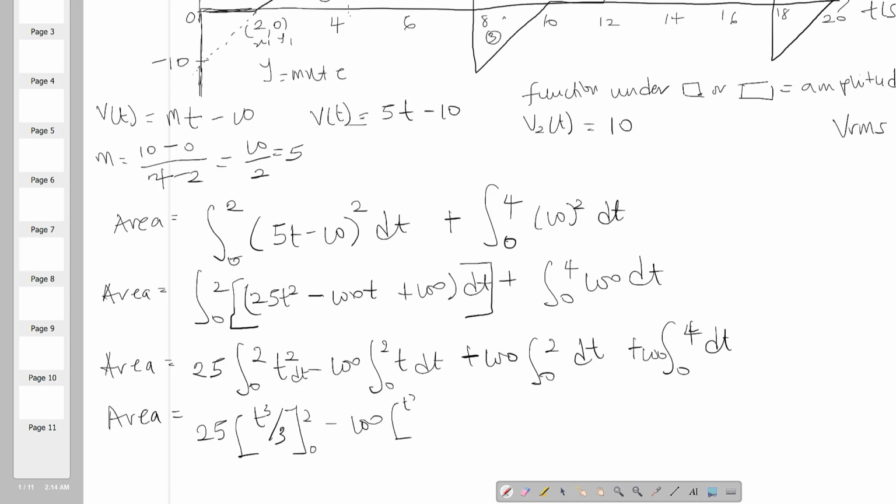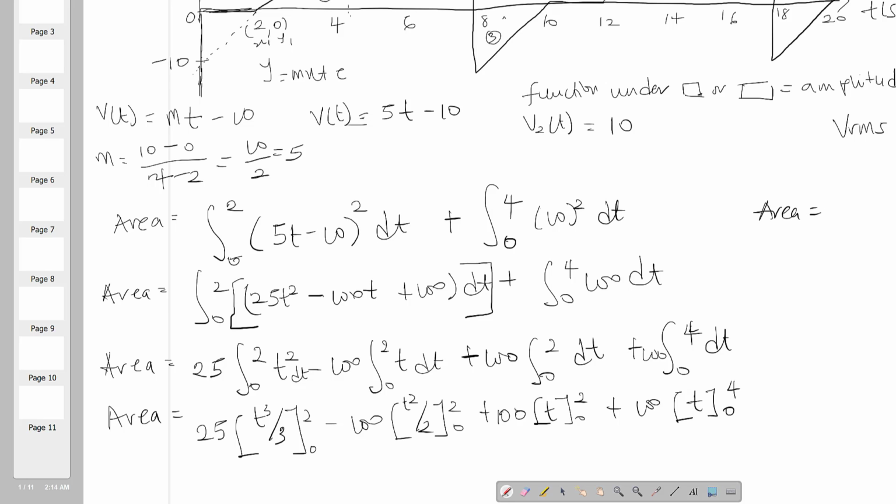Integrating t will be t squared on 2, from 0 to 2, plus 100. Integrating the 1 will give us t, from 0 to 2, plus 100. Integrating the 1 again here will give us t, that is from 0 to 4, that's the limit.